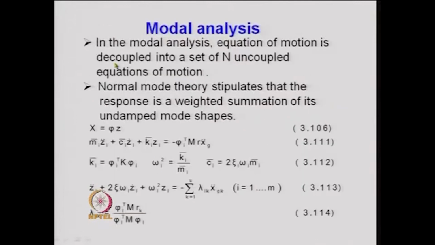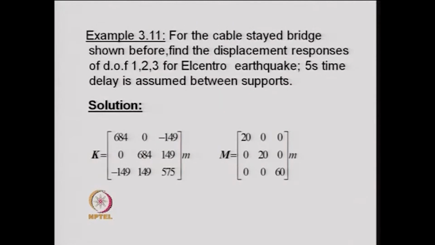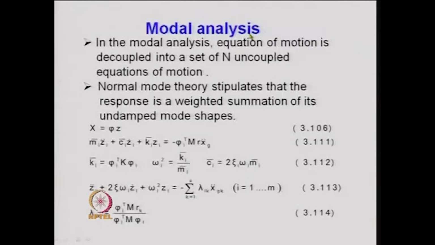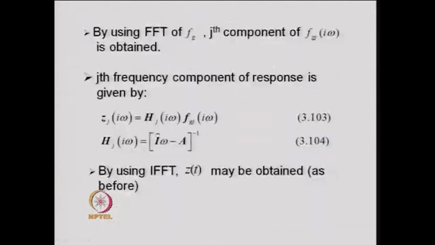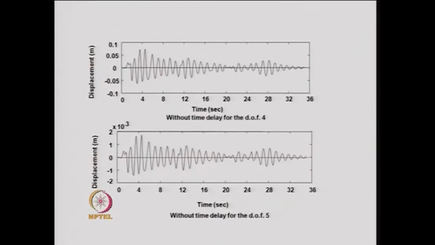the modal analysis. So, here we take the example of the cable stayed bridge. If you recall, in that cable stayed bridge we had many supports, or rather 4 supports.